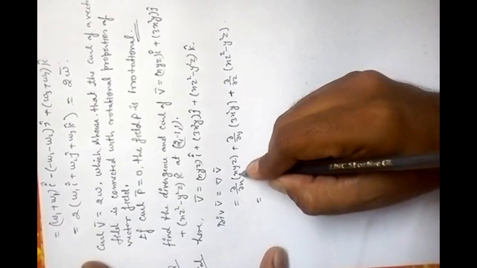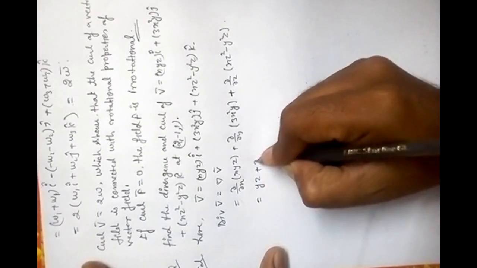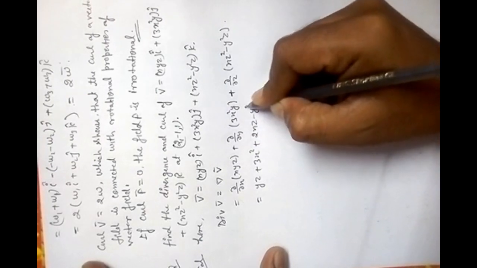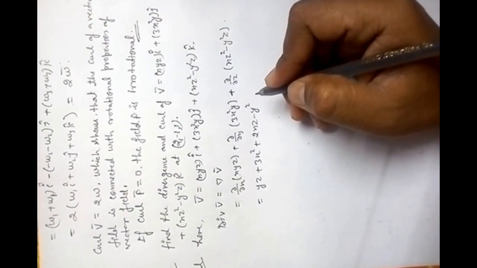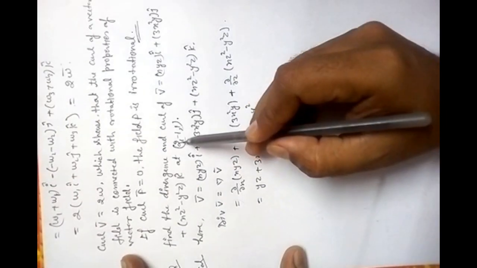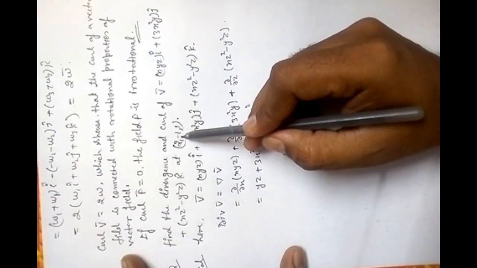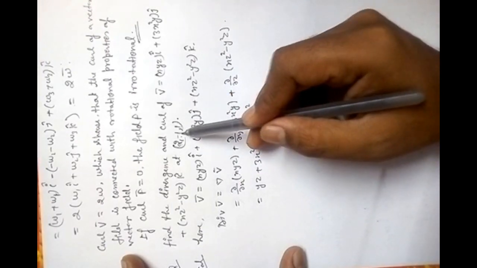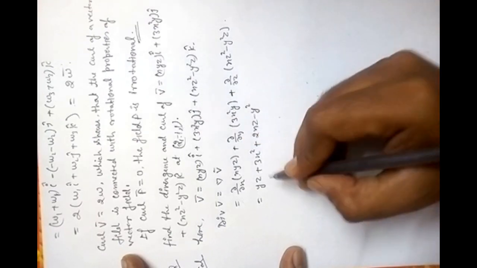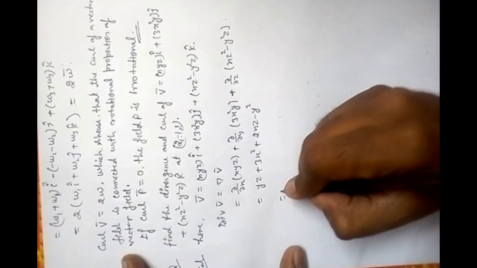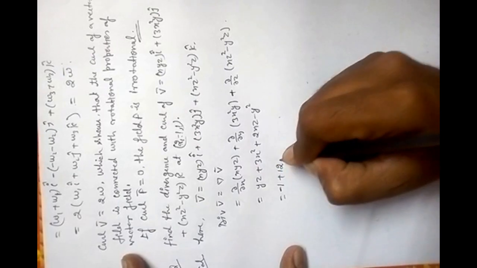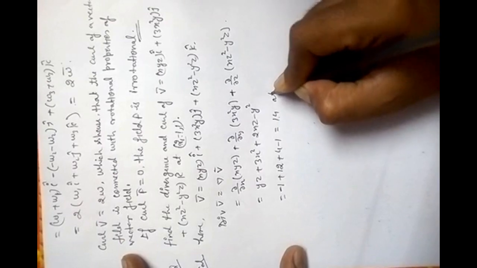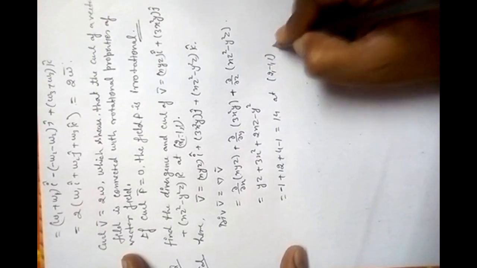So yz plus 3x square plus 2xz minus y square. Okay, at the point (2, minus 1, 1), the value of x is 2, y is minus 1 and z is 1. Then minus 1 plus 12 plus 4 minus 1, that is 14, at the point (2, minus 1, 1).